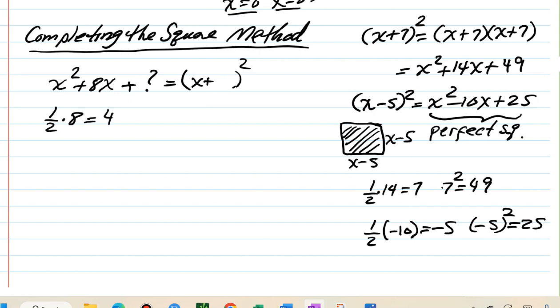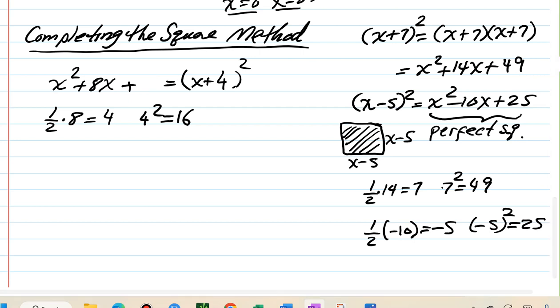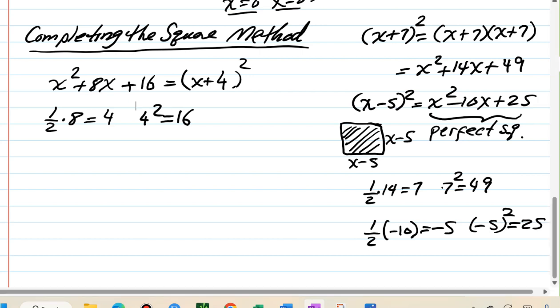That's what's going to go in here. Now, as far as the constant in my perfect square trinomial, remember we have to square it. 7 squared became 49, and that's what the constant was up there. We'll do the same thing. We're going to square the 4. So 4 squared is 16. And it looks like that's what's going to be here. And now we have a perfect square trinomial. And there you have it.